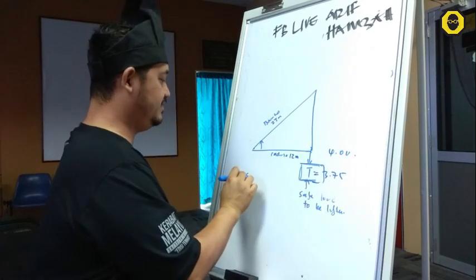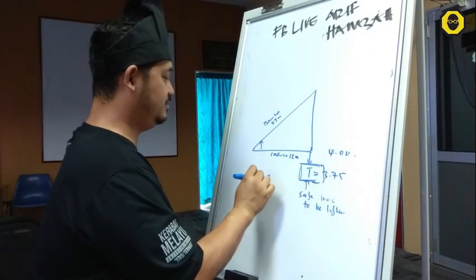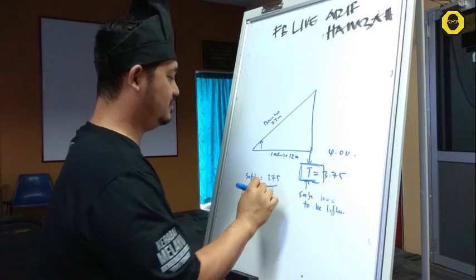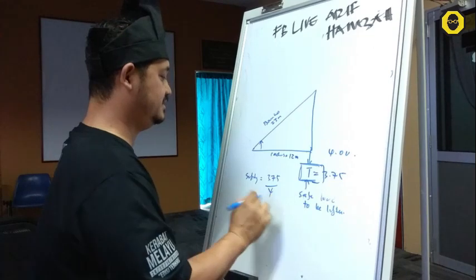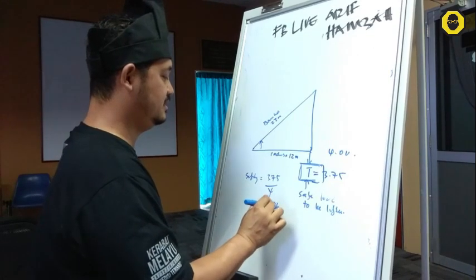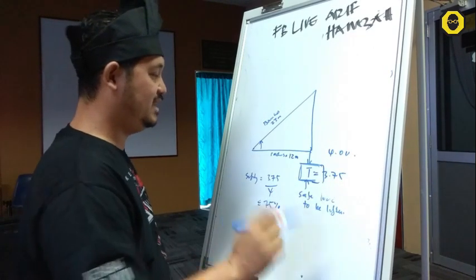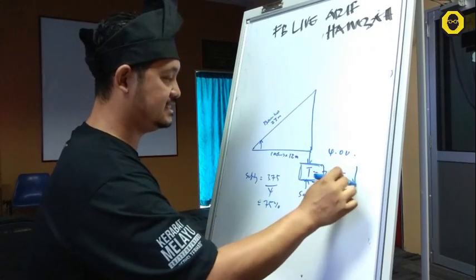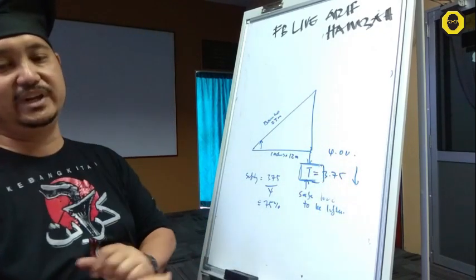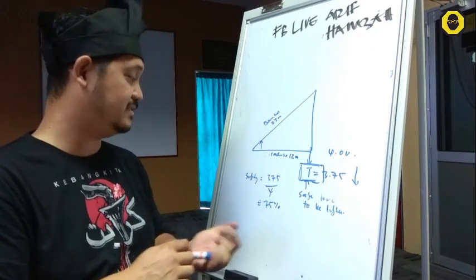So the safety factor will be 3.75 over 4, about 75% of it. So the safe load that can be lifted based on this radius must be less than 3.75. It cannot be more than that. Otherwise, it's going to be more than 75%.